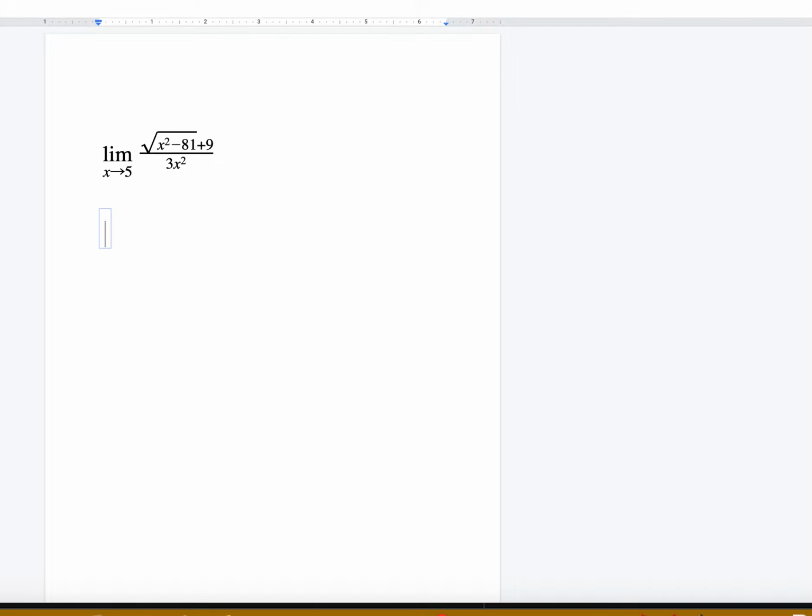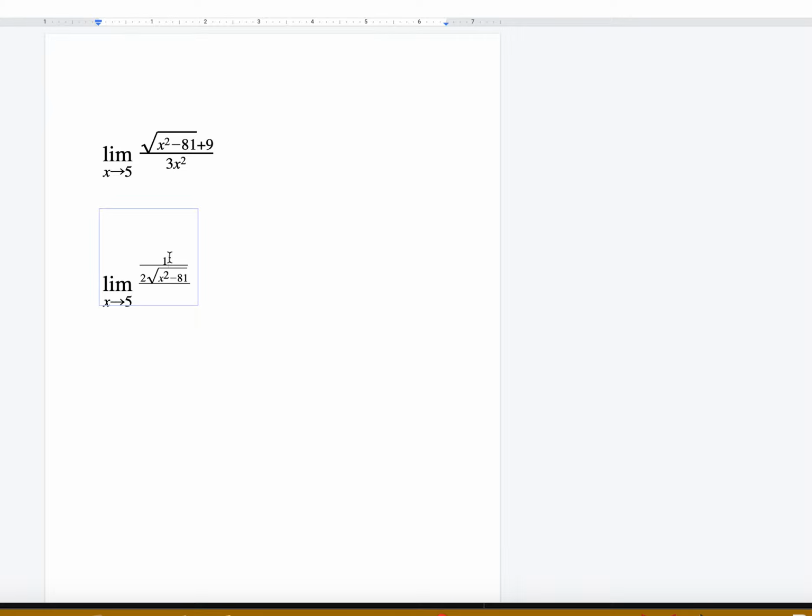So, the limit as x approaches 5 equals the derivative of the following. In the numerator, since the derivative rule for a square root function is 1 over 2 root x, you have 1 over 2 times the square root of x squared minus 81, but there's a chain rule in there.